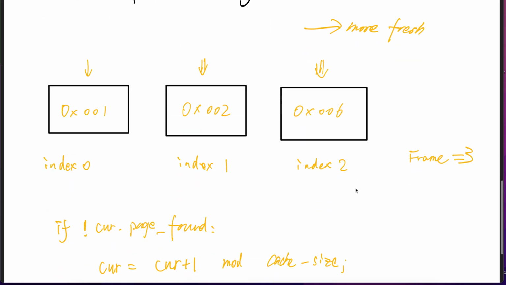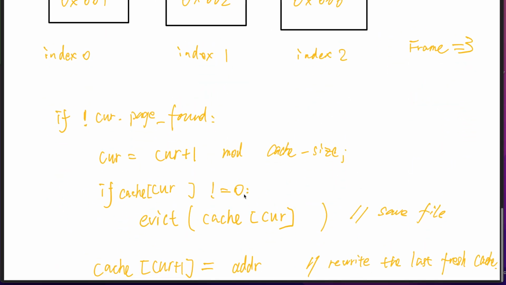So I also have the pseudocode. When the current page is not found, we know we have a page miss, and then we should increase our current pointer. Don't forget to mod it by the cache size, so we can always have a valid index. If there's nothing inside of the new cache chunk, it means it's an initialization, a warm-up setup, so we don't need to do anything.